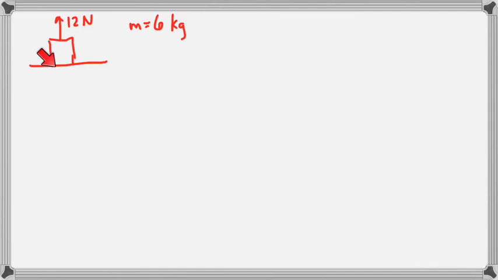When we have a box lying on a surface, there's a force acting on this box. What do we call it? We call it the normal force. So basically, it's asking us for the normal force, F sub n. We don't know what that is, but we're going to find out.